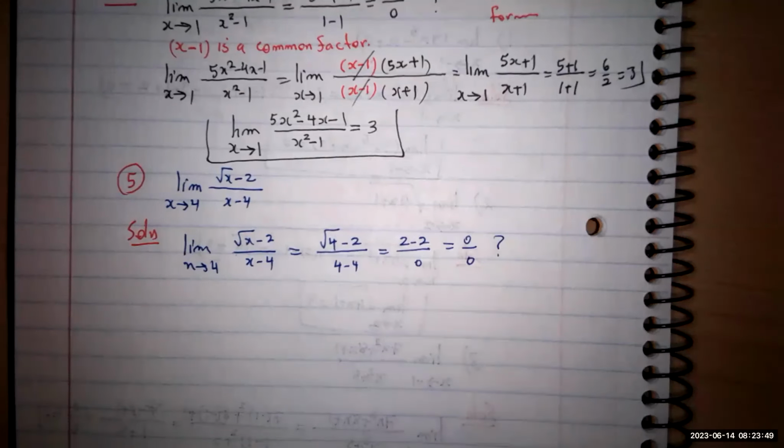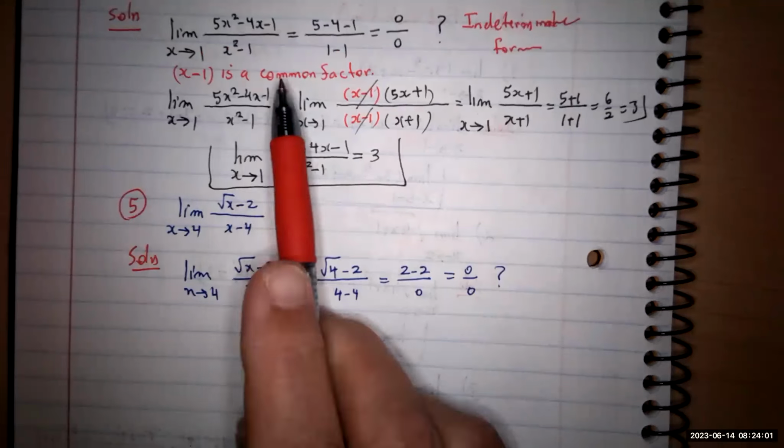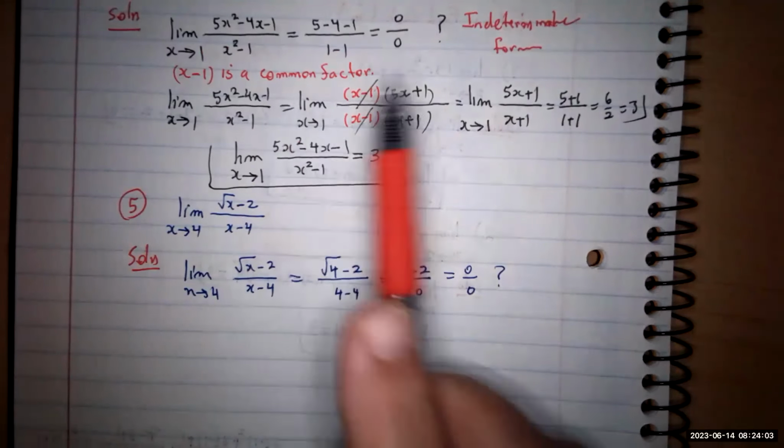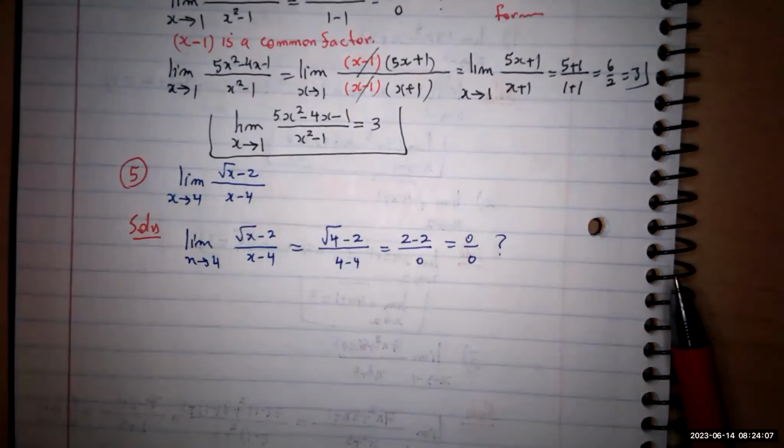So again, 0 over 0, there is a message. What's the message for this one? Any suggestion? We know that you have a common factor. What is that common factor for this one? The common factor. Would it be x minus 4? Excellent, that's it.